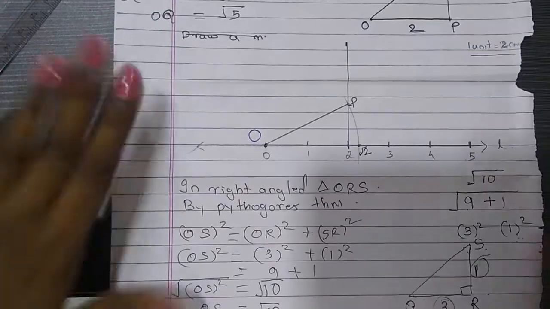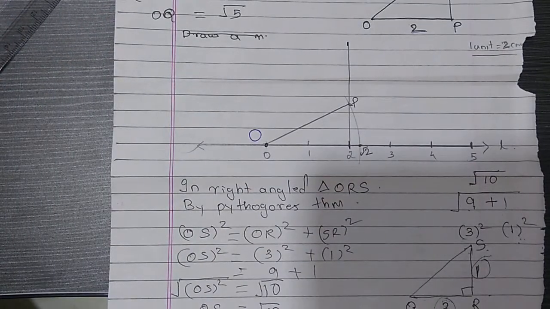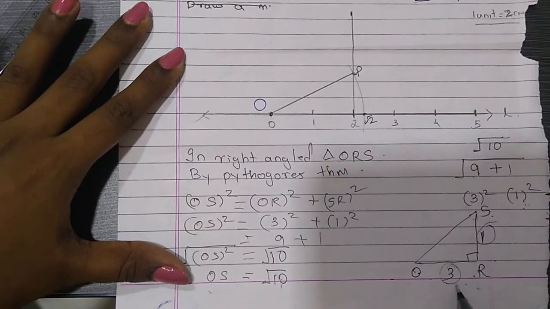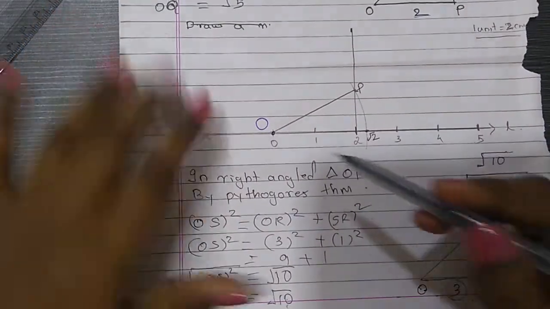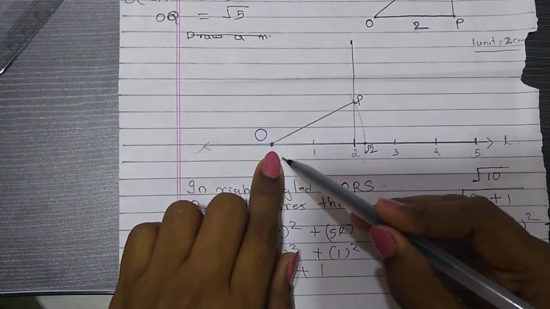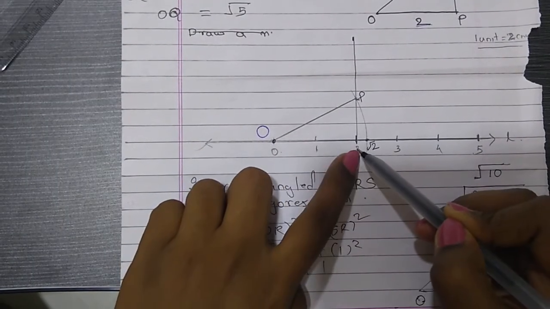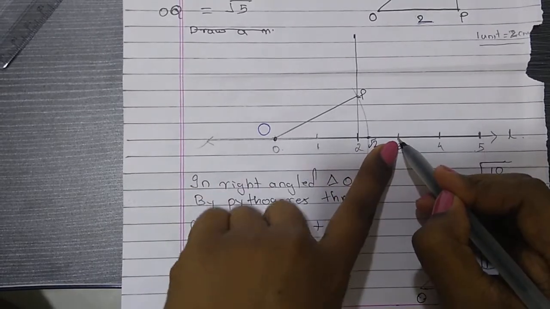Okay, now let's go to the drawing part. Again, what did they say? You have to take 3 units at the base. So starting from here, this is your unit 1, this is your unit 2, and this will be your unit 3.